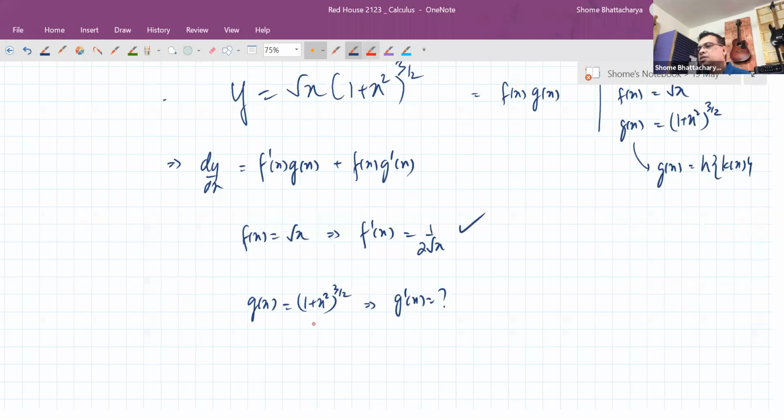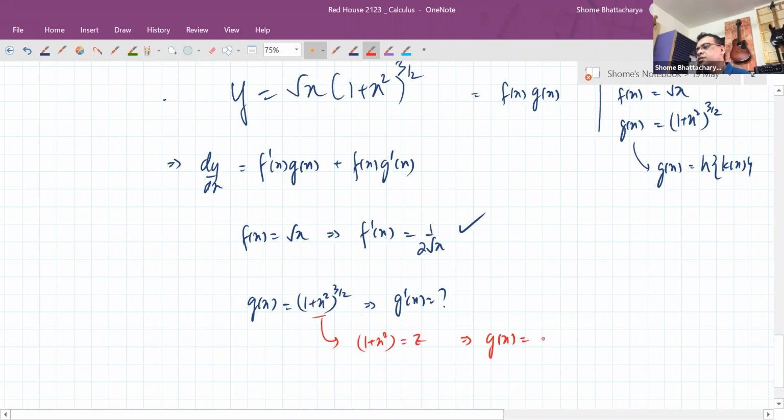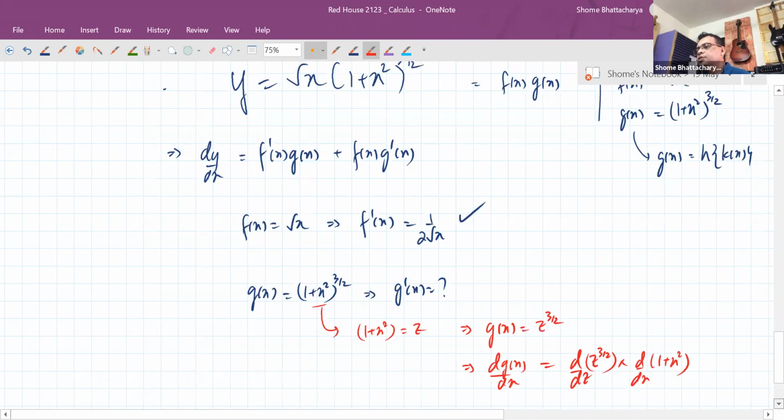What we'll have to do here is substitute 1 plus x square as z. So g(x) is z to the power 3 by 2. Differentiation of g(x) with respect to x will become differentiation of z to the power 3 by 2 with respect to z, into differentiation of 1 plus x square with respect to x.